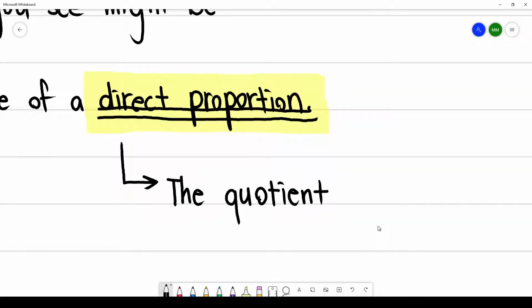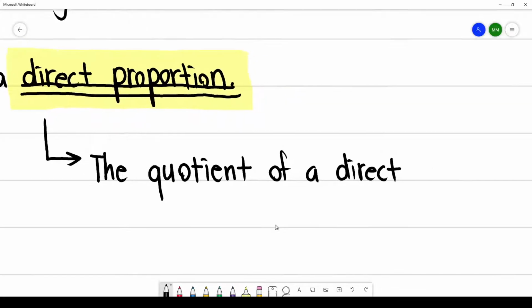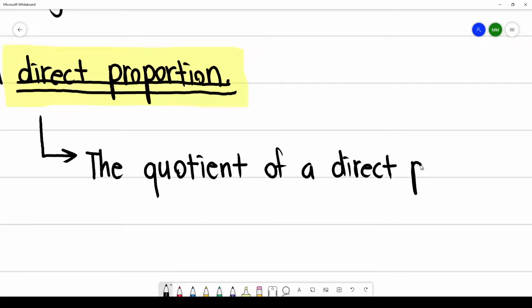Anyway, the quotient is essentially what you get when you divide a number. This value here is called a quotient. So the quotient of a direct proportion is always the same.